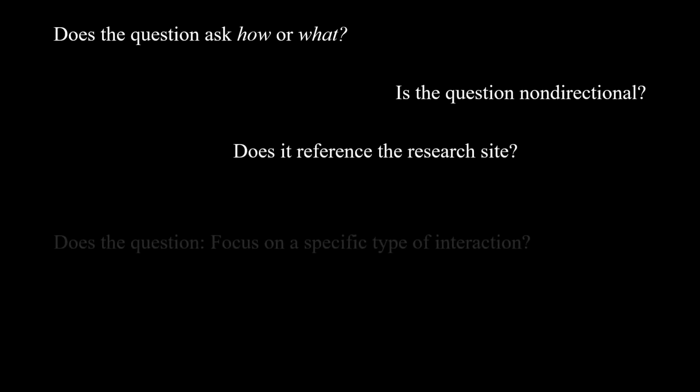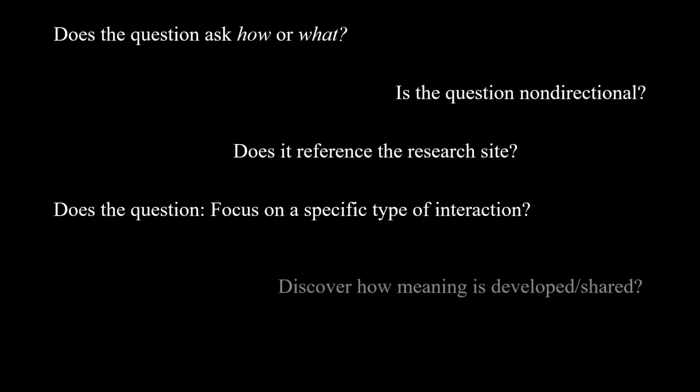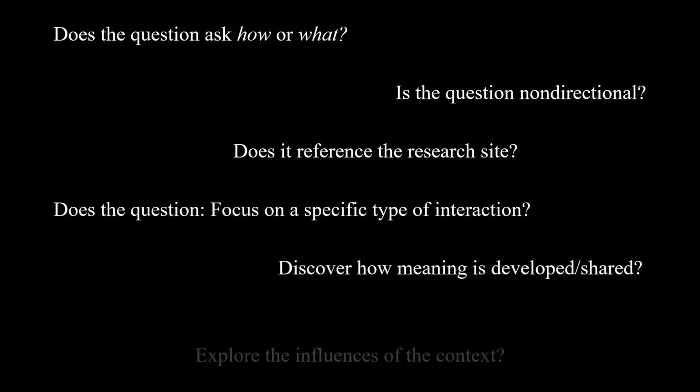When creating the question, assess it by asking: does the question ask how or what? Is the question non-directional? Does it reference the research site? Does the question focus on a specific type of interaction? Discover how meaning is developed and shared, and explore the influence of the context.